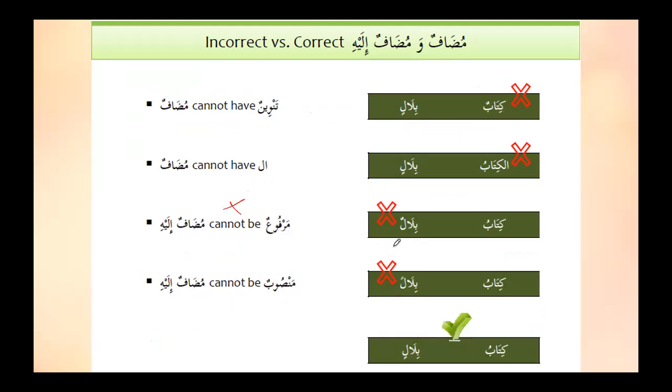It has to be majroor. So why is this wrong? Because mudaf ilayhi cannot be mansubun. It has to be majroorun. This is correct. Kitabu bilalin. This is the only way to express idafa construction. This last one is correct.